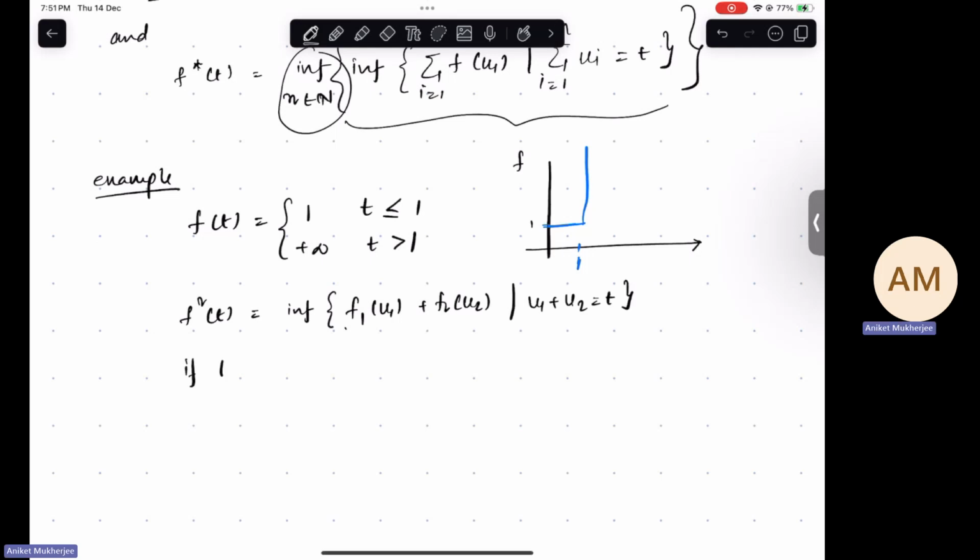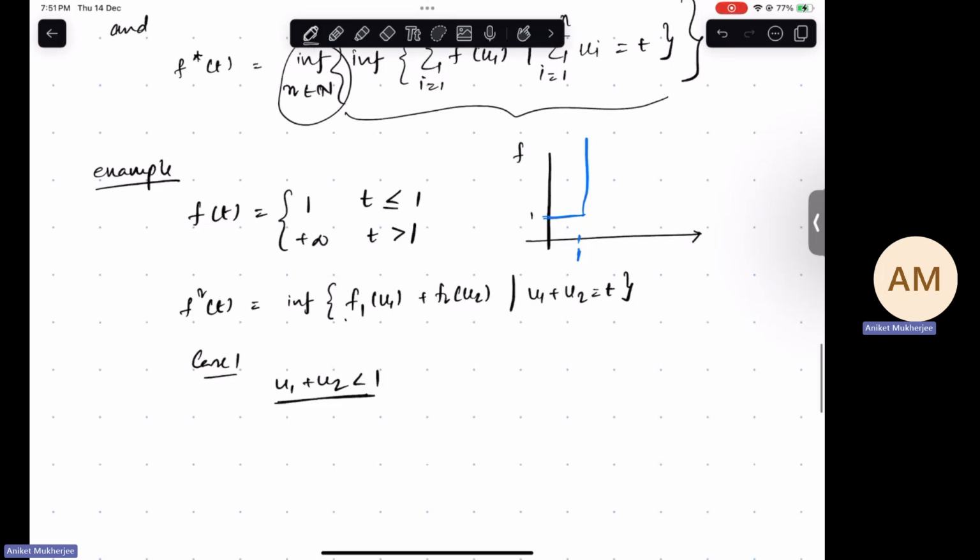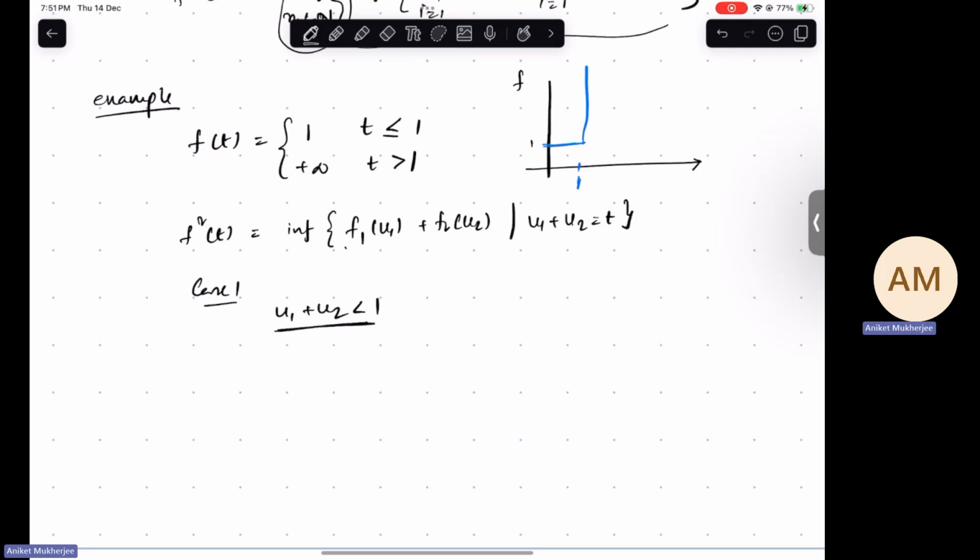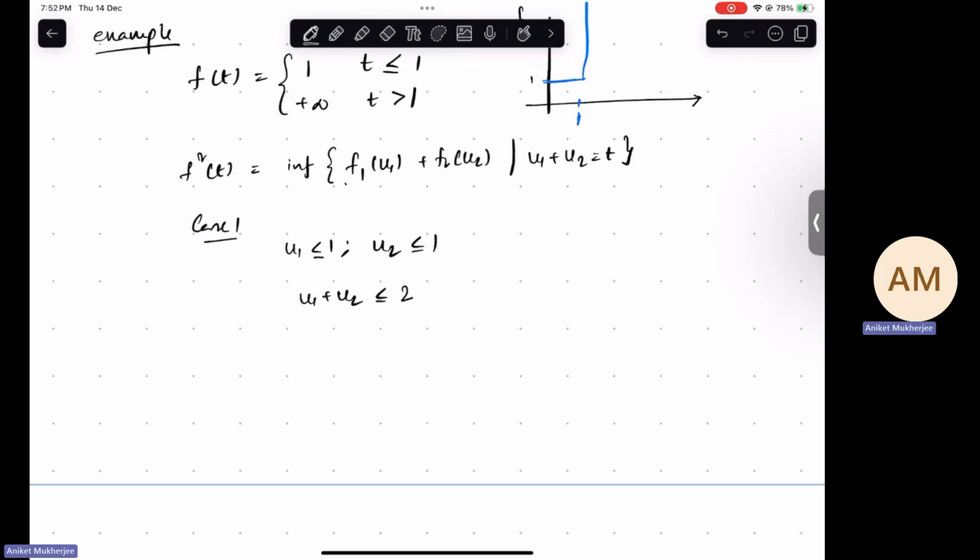Now, case 1, if u1 is less than 1 and u2 is less than 1, then u1 plus u2 is less than or equal to 2, right?